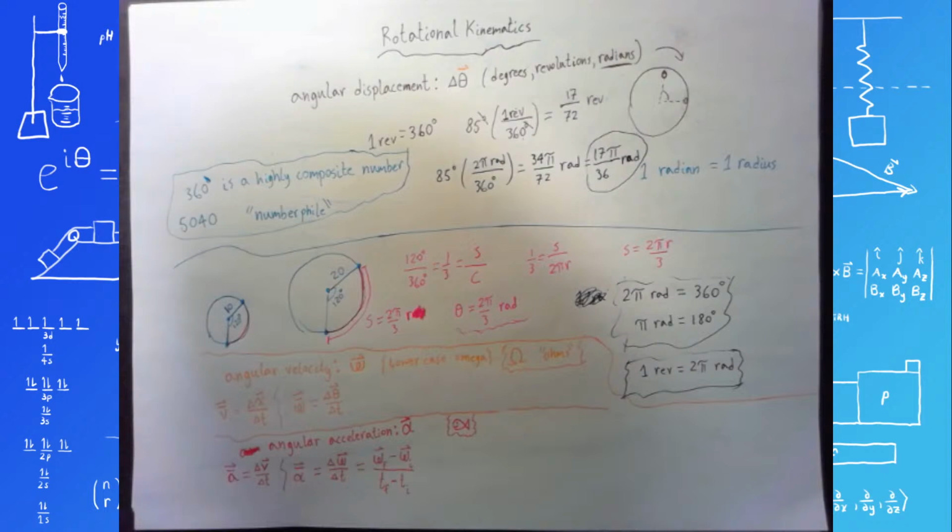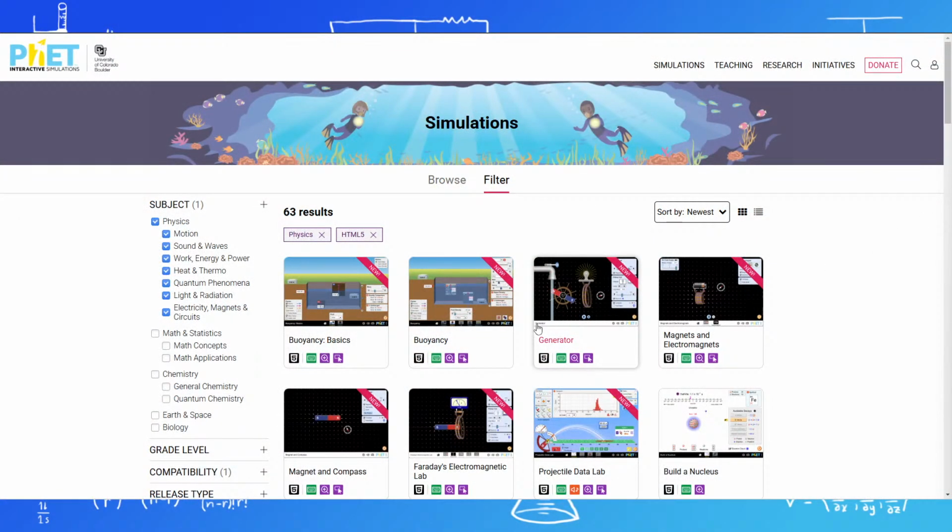While I try to pull up our simulation over here. So let me switch to this screen. And this, of course, if you haven't seen it before, is just the PhET simulations page from the University of Colorado Boulder, as you can see right over there.